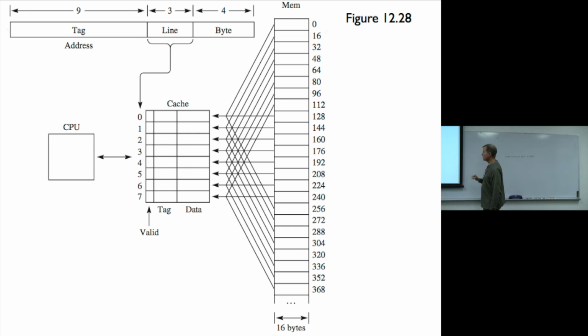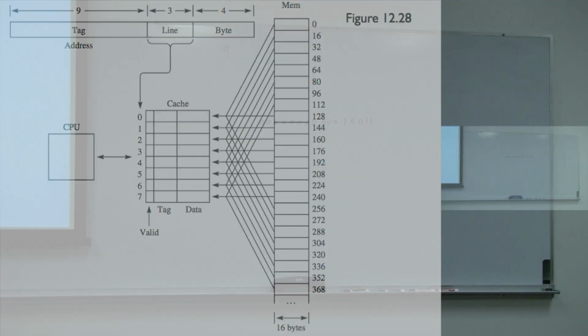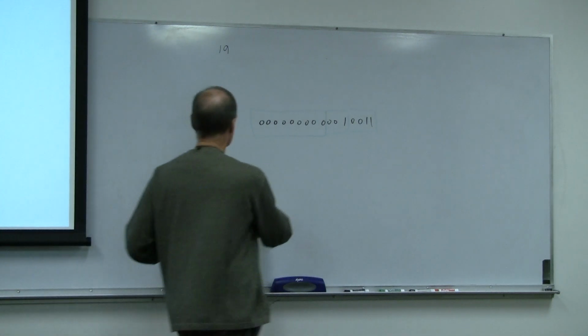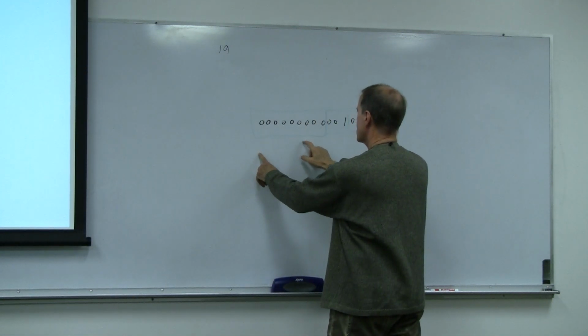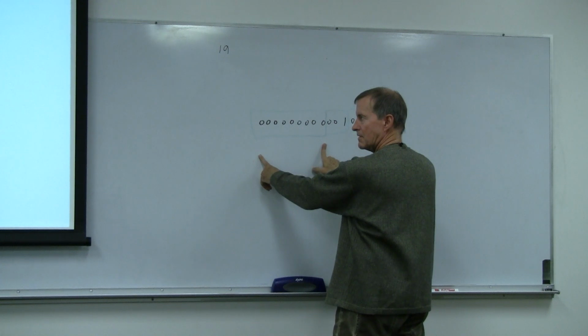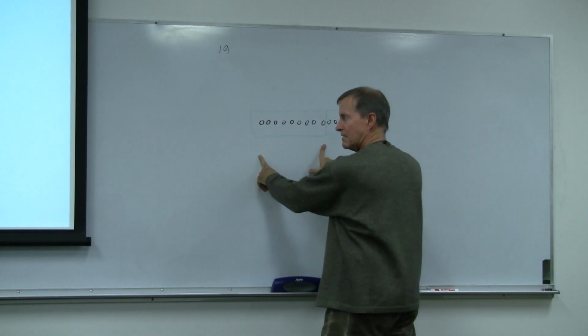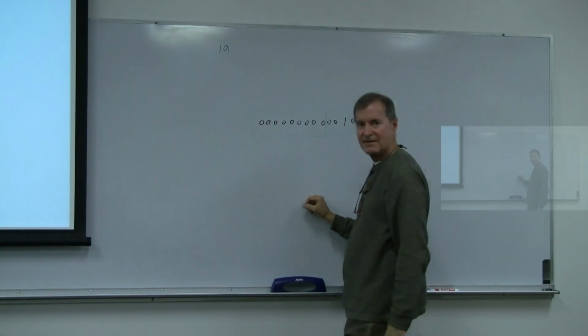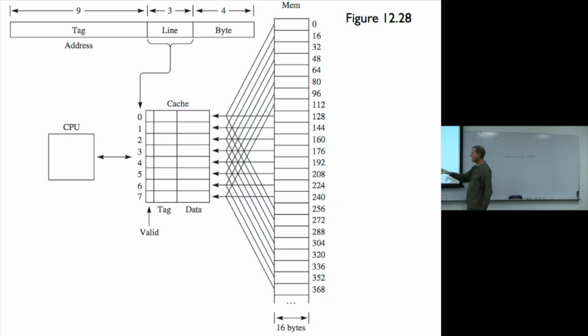And then what's it going to store? So the data is going to go there, and then what else is going to go here? No, actually, what's going to go there is the tag, 0, 0, 0, 0, 0, 0, 0, 0, 0. Are you with me? And then the tag field, and then there's an extra bit called the valid bit that is set to 1 because now we know that there's information in there from main memory.